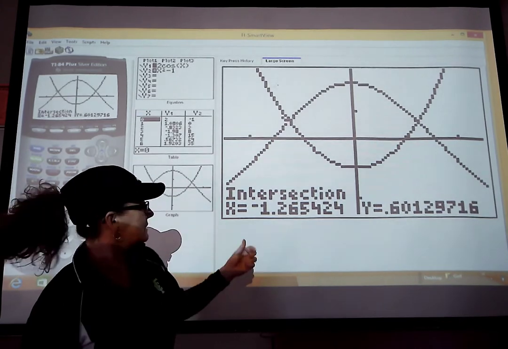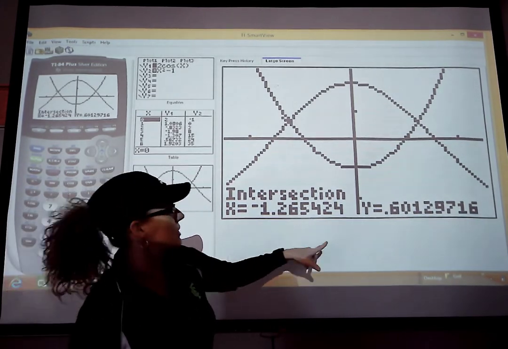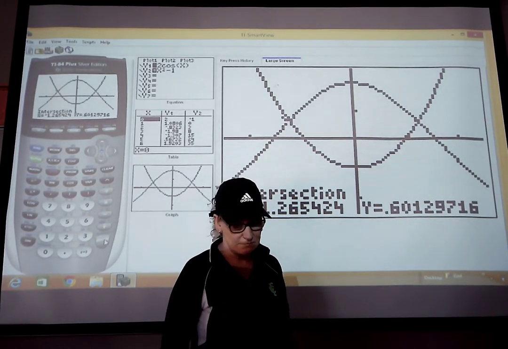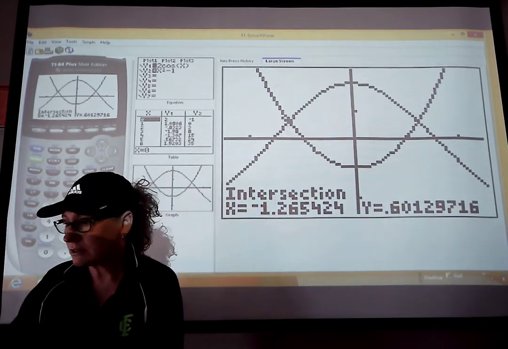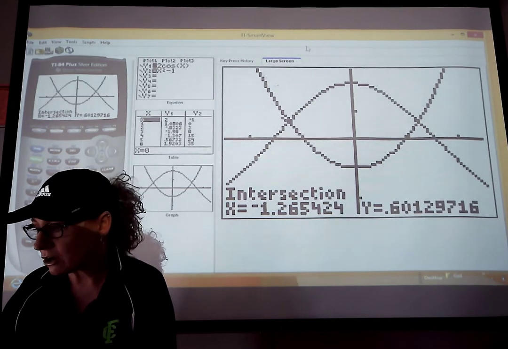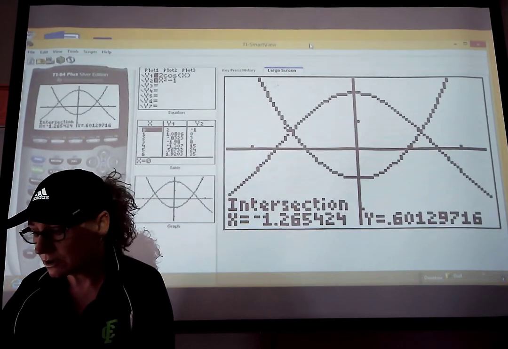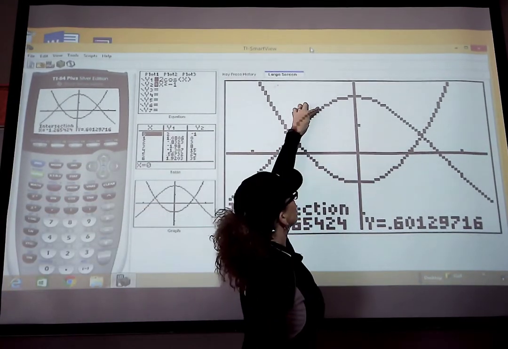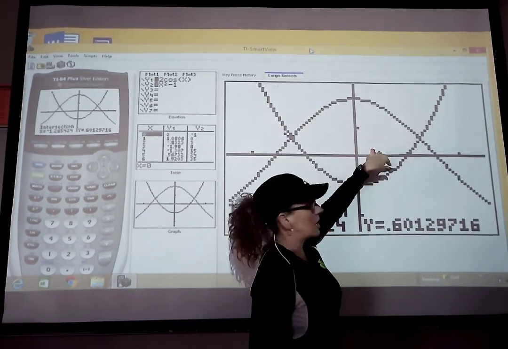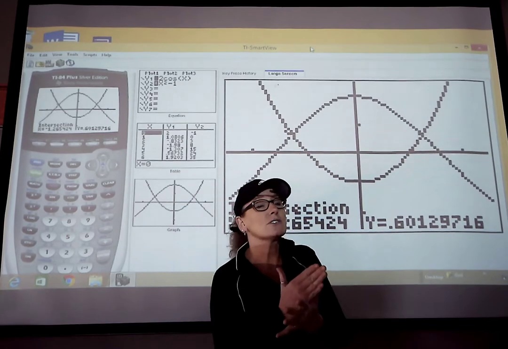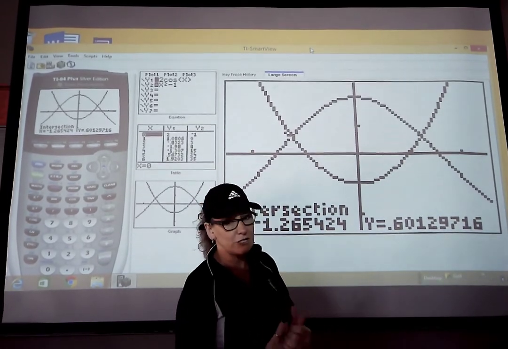And you can see the x-coordinate of my intersection and the y-coordinate of my intersection. Now, we're going to use vertical rectangles on this, obviously, because if I draw my rectangles, they go from trig to parabola each time. So the x value is what I really want for my intersection.